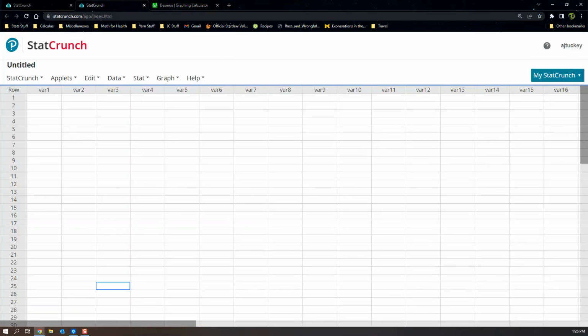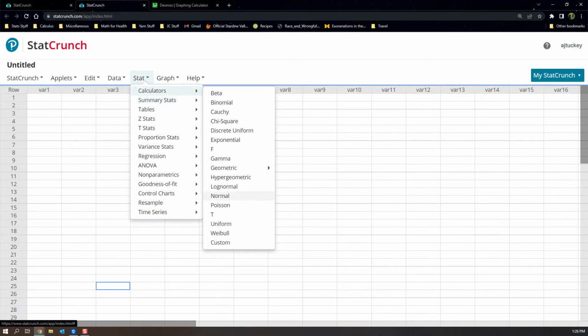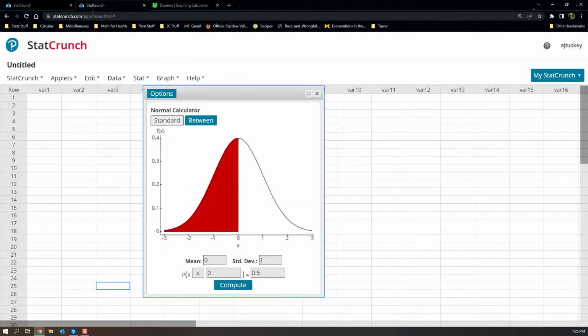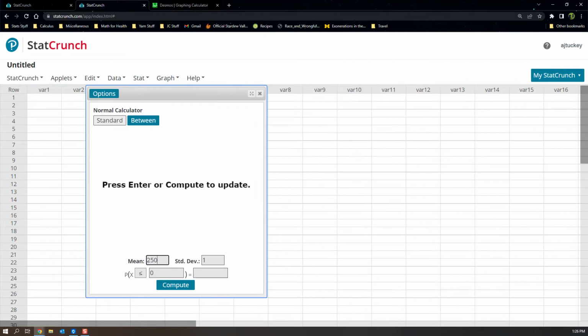Now the key with StatCrunch in this chapter and what makes it different, this is the part that everybody loses track of. So in StatCrunch, the calculator doesn't know the difference. It just says mean and standard deviation. But we can't use the same mean and standard deviation that we were given. Well, we can and we can't. The mean is 250 still, right?